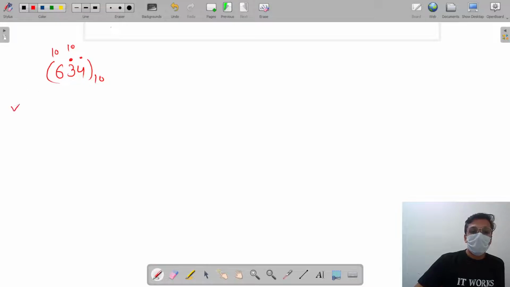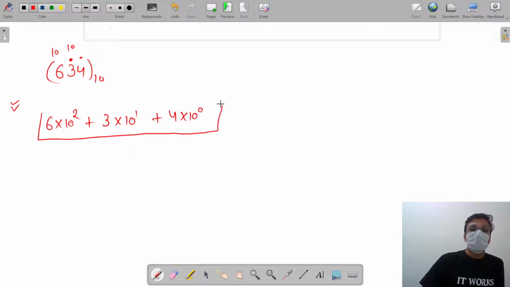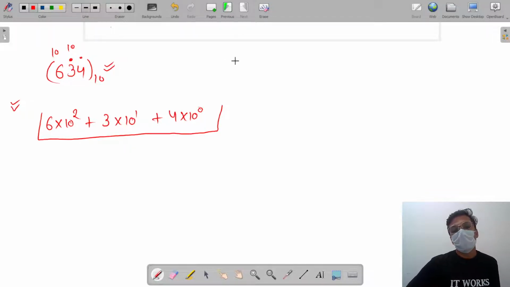So in place value, this whole number can be written as 6 into 10 raised to the power 2, plus 3 into 10 raised to the power 1, plus 4 into 10 raised to the power 0. That is how our number is written in decimal format in place value.